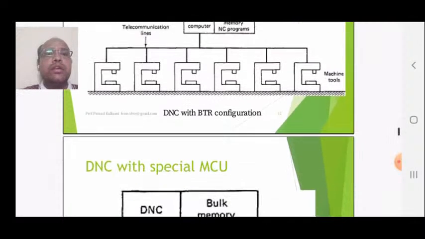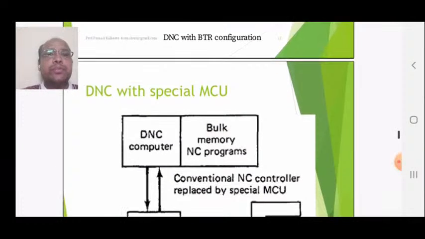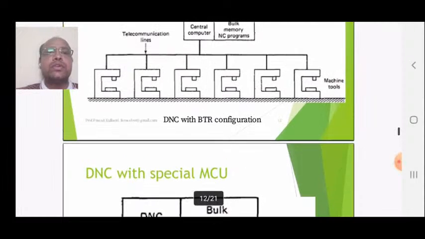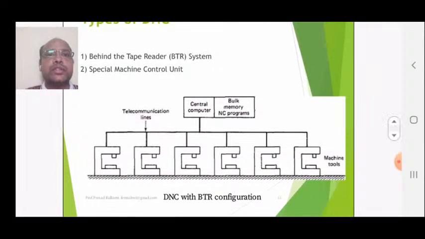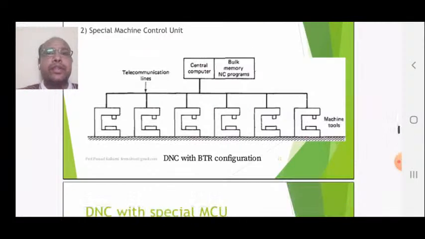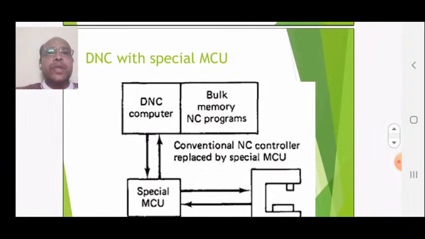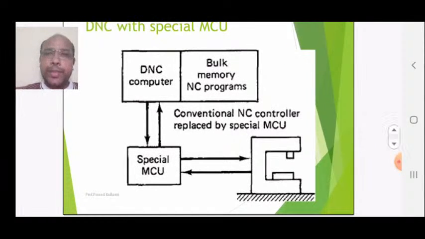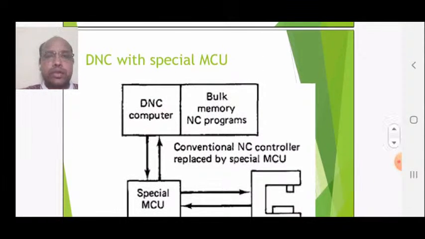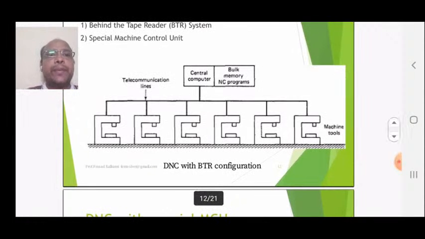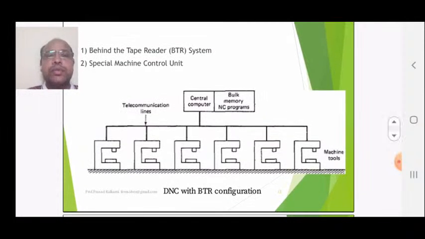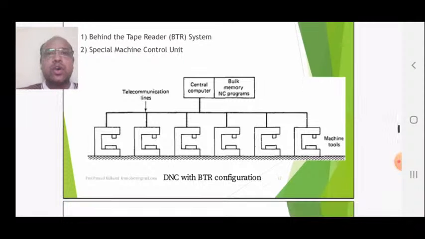Now the only difference between the special MCU, that is special machine control unit system, and the behind tape reader system is that the special machine control unit is implemented in DNC with special MCU, but in the case of behind tape reader system, special machine control unit is not used.